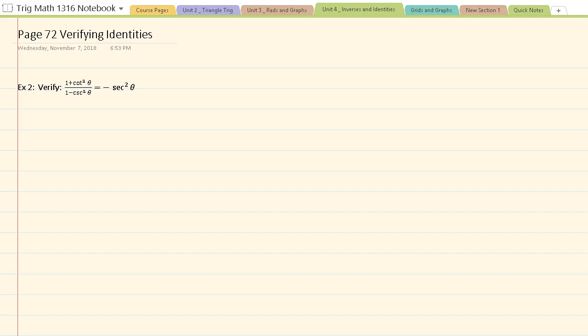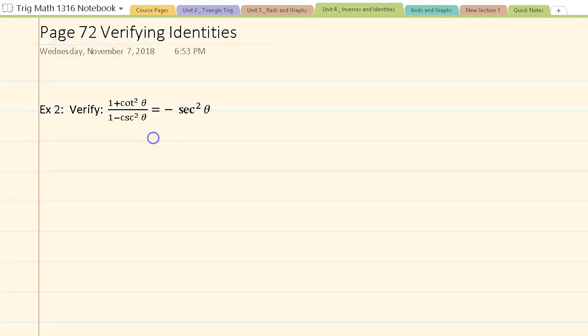On page 72, let's do some examples of verifying identities. So from here, we can see our job is to verify this fraction over here is the same thing as negative secant squared of theta.